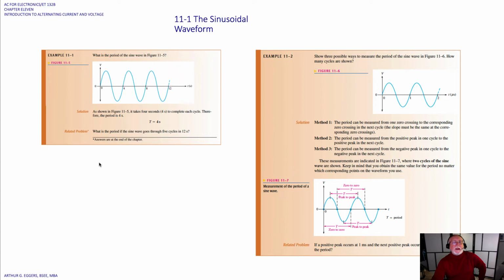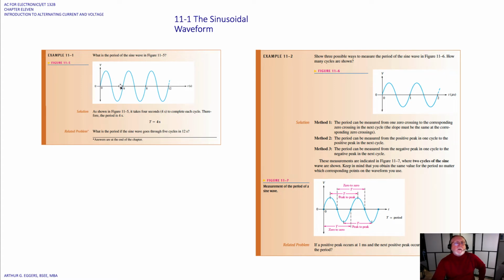So let's take a look at a couple of simple examples here. In this one, they want us to determine the period of the sine wave. You can see we've got 1, 2, 3 complete alternations here that go from 0 in time. Notice that the x-axis is now identified as time, in brackets here in seconds, and the vertical axis is our voltage, measured in volts.